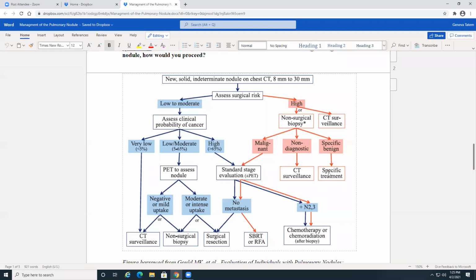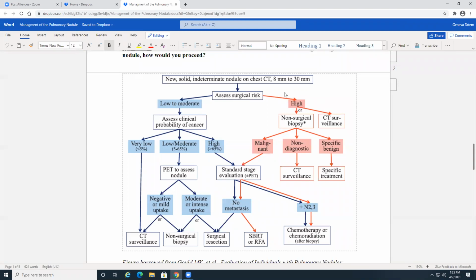Without getting tissue diagnosis, with all of her comorbidities, you don't want harder. So she's not a good candidate, right?